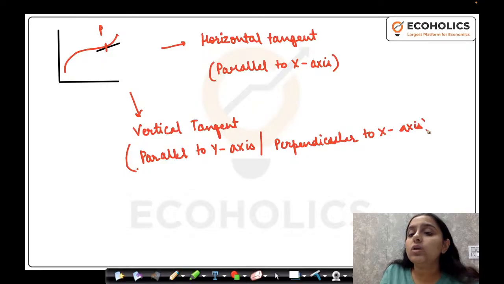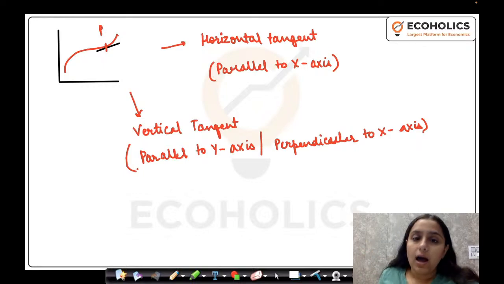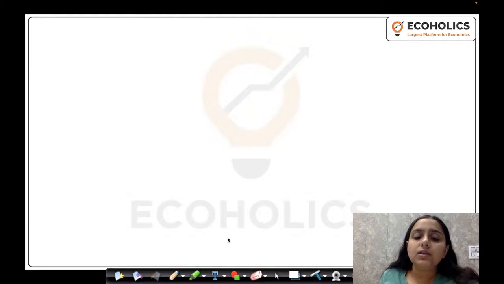Now, these two cases have very good importance. They are highly important for mathematical analysis. बहुत important है ये points. How? So let's first see the horizontal tangent.